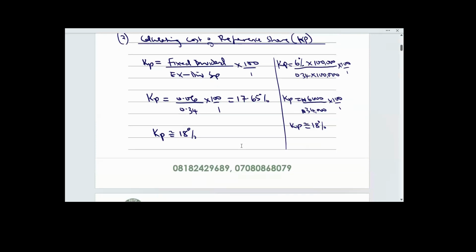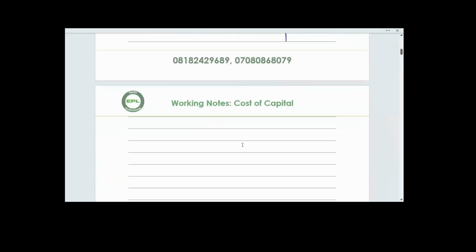All right then, so the third step is to calculate cost of debenture. Number 3, calculating cost of what kind of debenture is this one? Is it redeemable or irredeemable? You are the one that will be asking the question. Of course, you are expected to go into the question and identify whether it is redeemable or irredeemable debt.